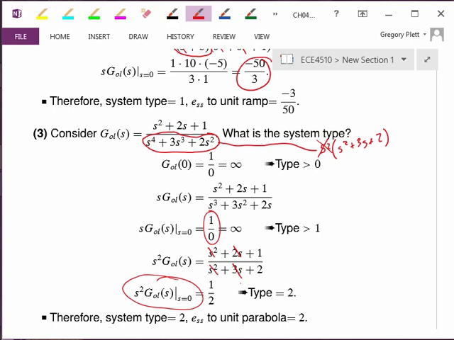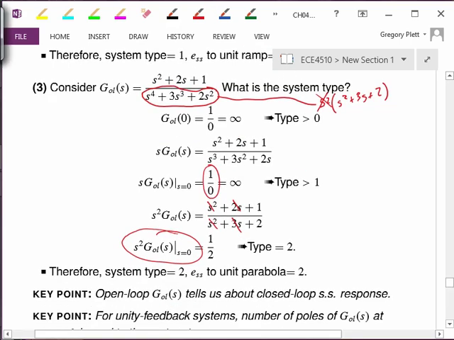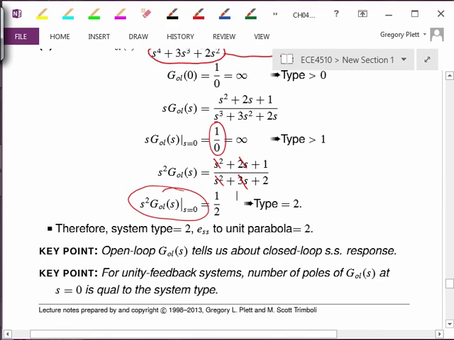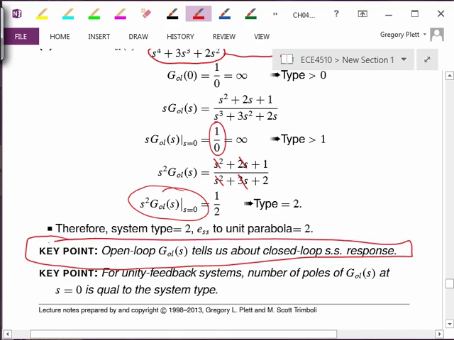So the approach, I think, is a little bit easier if we do happen to have a unity feedback system. And what's interesting about this, and it's a key point in a lot of places, is that when we have unity feedback systems, as much as we can, we're going to develop tools that use the open loop transfer function to tell us something about the closed loop response.